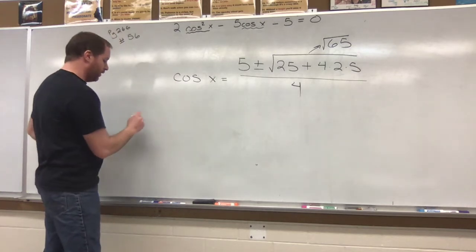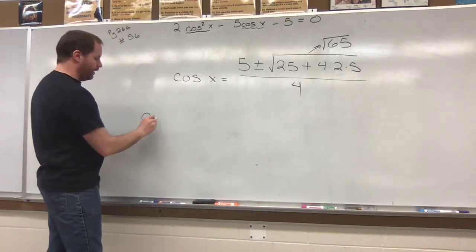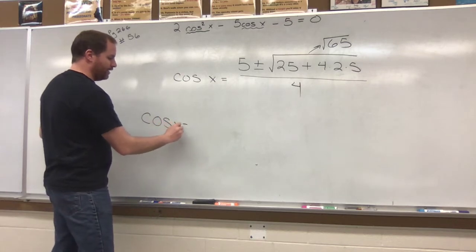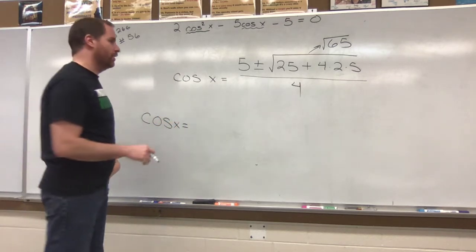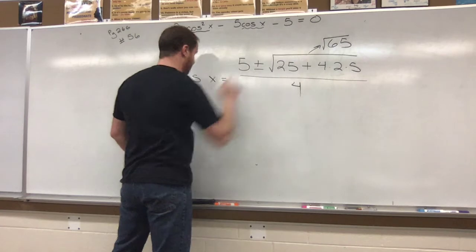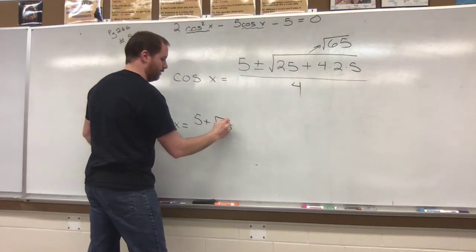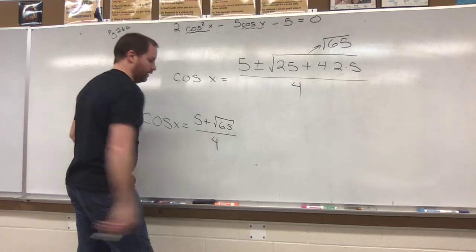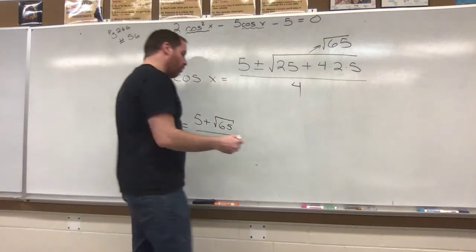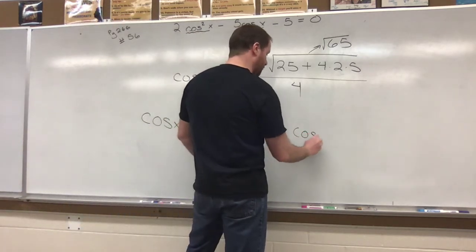So on here, one option is that the cosine of x is equal to the positive version. Here we'd have 5 plus the square root of 65 over 4, right? It's either the additive option or possibly the negative option.